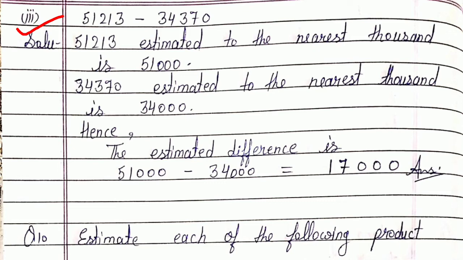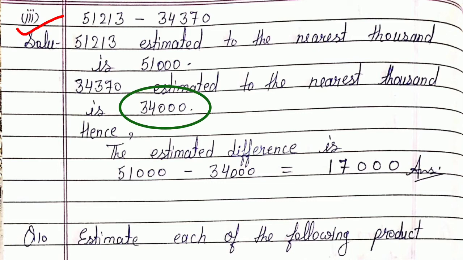51,213 minus 34,370. Hence, 51,213 estimated to the nearest thousand is 51,000. 34,370 estimated to the nearest thousand is 34,000.